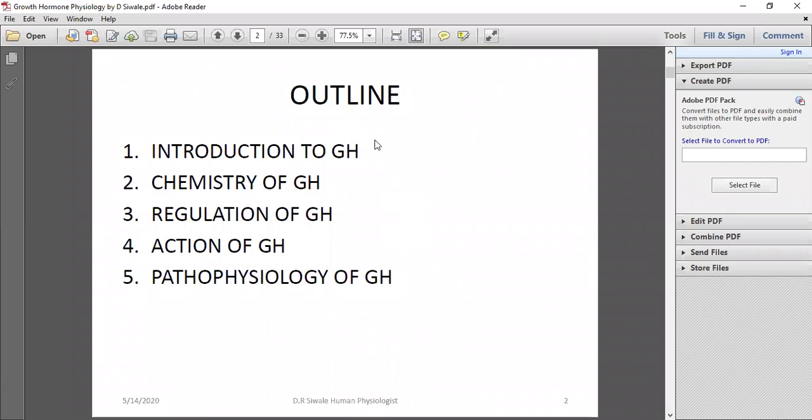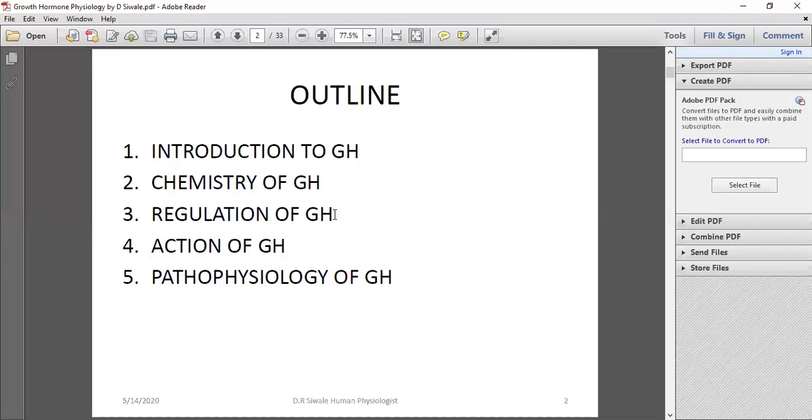So for each and every hormone, this would be our approach. Just talk about the introduction to the hormone, the chemistry, that is just looking at the structure, what it is made up of. And then regulation of the growth hormone. Not all the time is this hormone secreted, so it is being regulated.